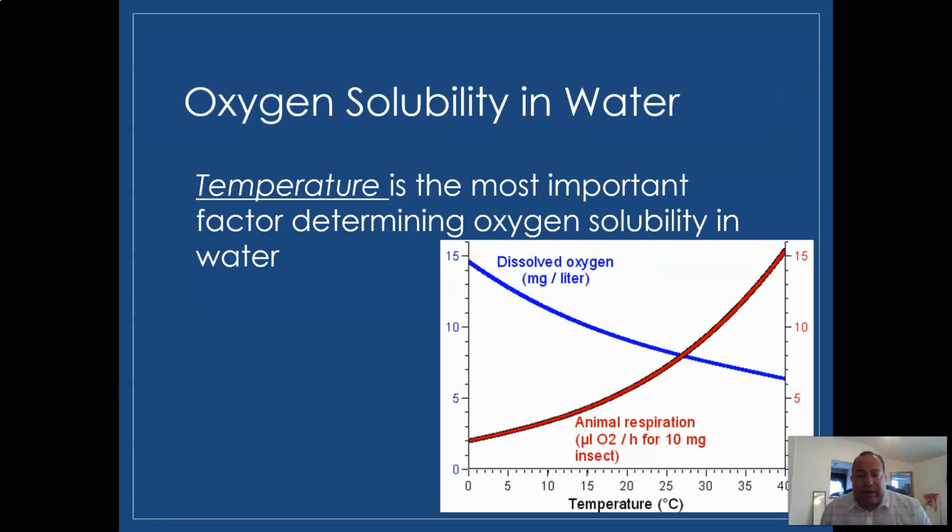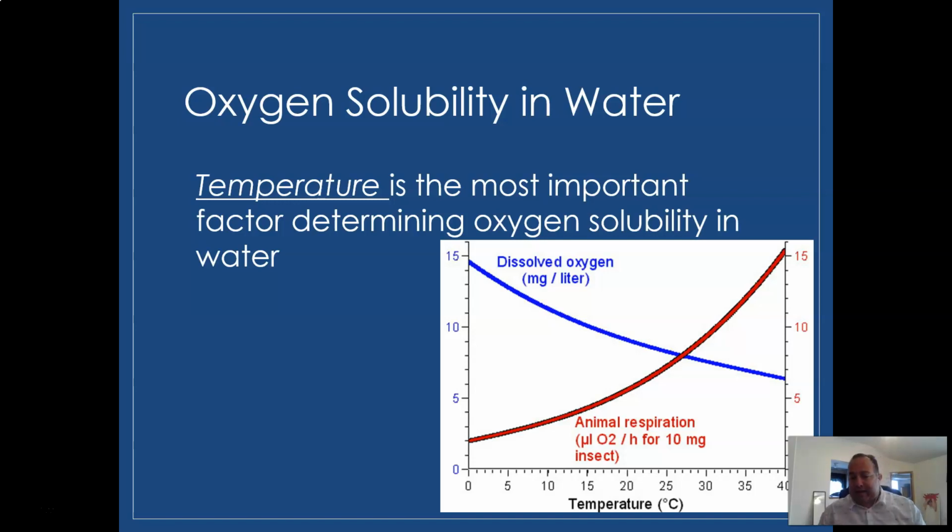And of those three, temperature by far is the most important. We can see on this graph here, as dissolved oxygen content decreases, our animal respiration increases. That's a huge thing to understand, because if there's tons of dissolved oxygen in the water, the animals don't have to work as hard, don't have to breathe as hard, and there becomes more oxygen available.